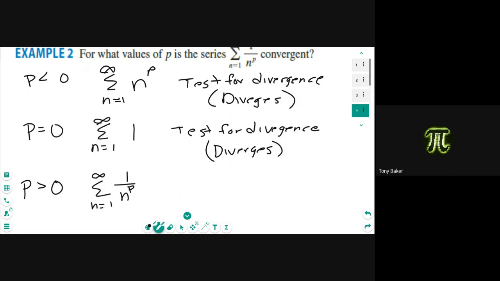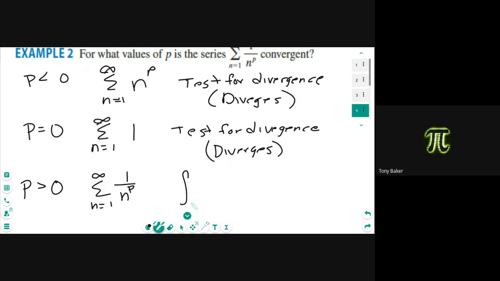So we have to use our integral test for this. Is it continuous? Yeah. Is it positive? Okay. Is it decreasing? Yes. So we can do the integral test for this one.